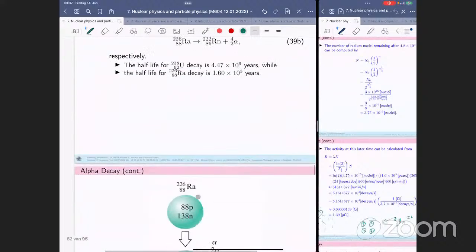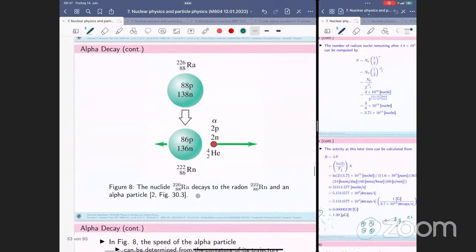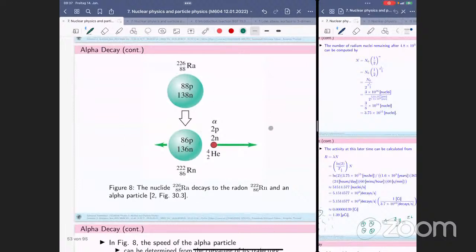In terms of the figure, you could see what time we need to reach 50%. We start from radium, right here, 226 and 88. What does that mean?